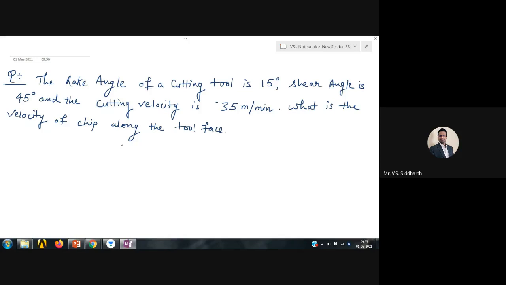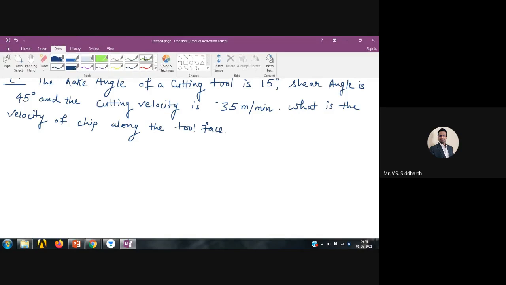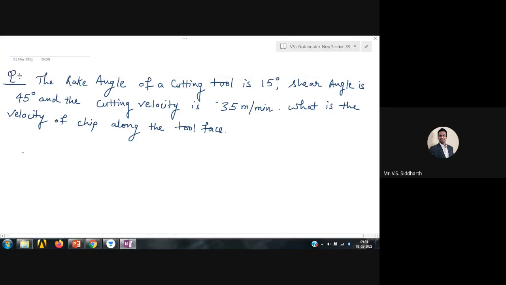Just wait, I will check. 28.57 meters per minute. Right? Correct. Yes, 28.57 is the correct answer. See how to solve it. It's very easy. Alpha naught is given as 15. Phi is given as 45. And cutting velocity V is given as 35 meters per minute.